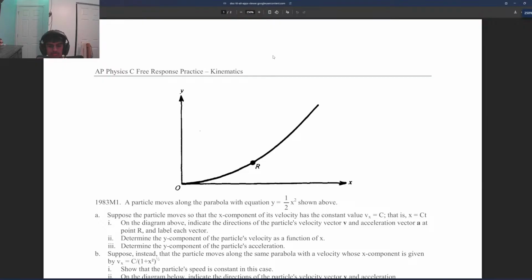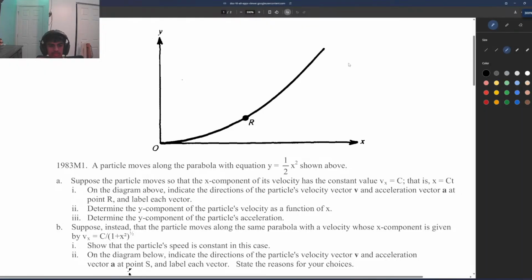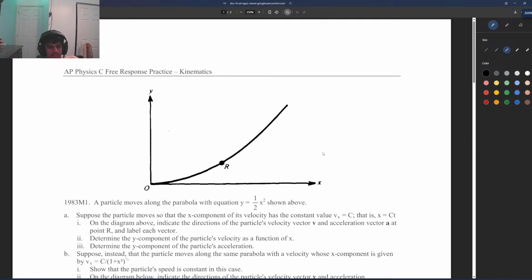Okay, Unit 1 FRQ. Suppose it moves so that the x component of its velocity has a constant value, and x equals ct. The diagram will indicate the directions.